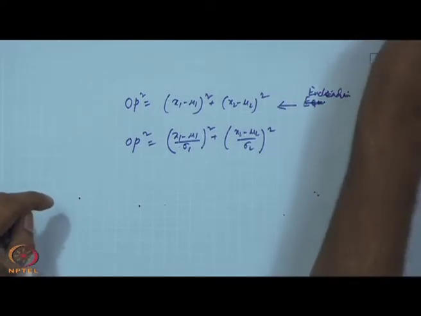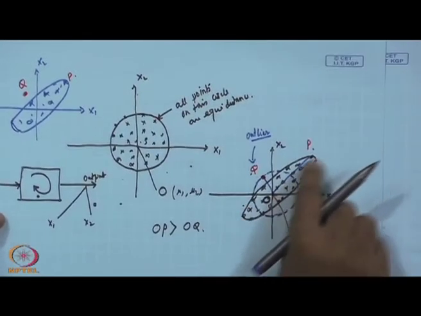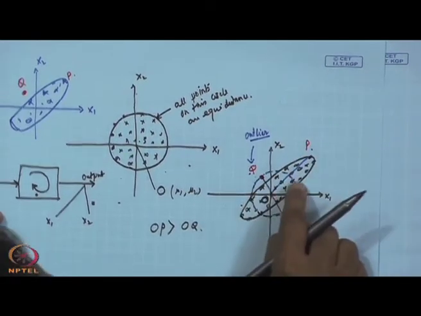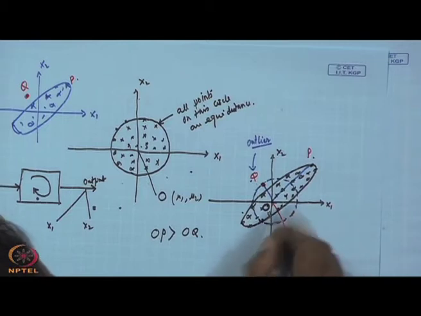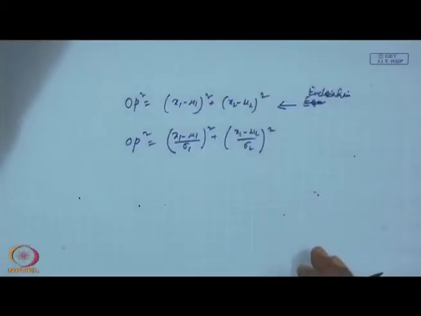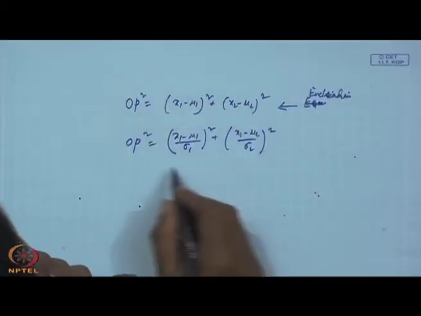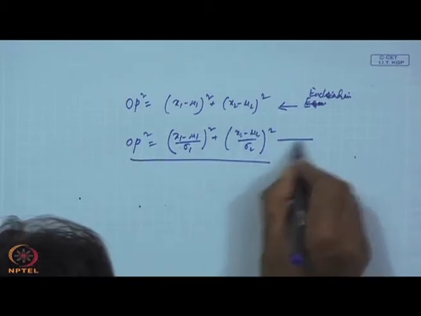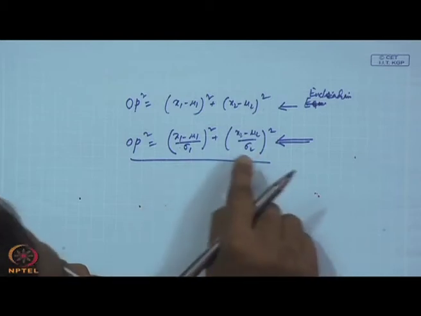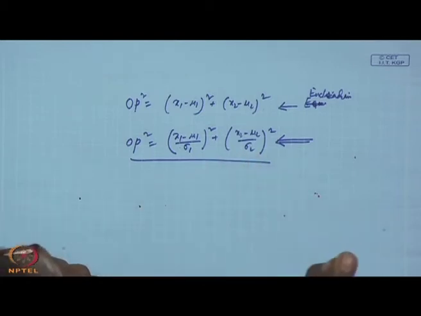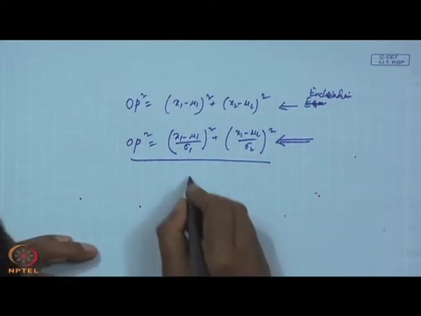Definitely, but not this ellipse. It is the equation of an ellipse, but not this ellipse. Why? Here there is correlation. So, this is an equation of an ellipse and it represents two variables which are independent like this.